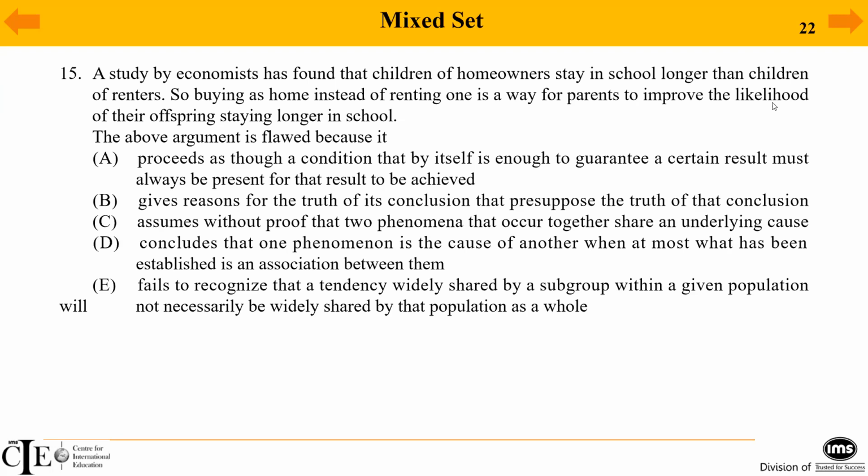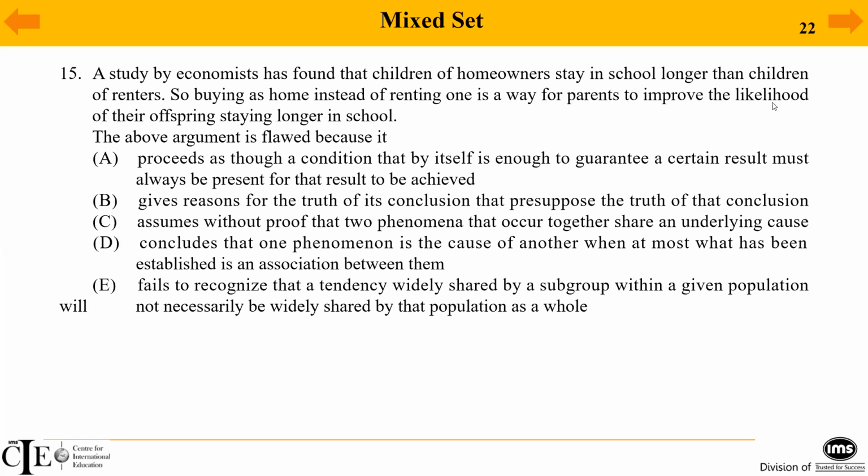This is talking about the subgroups only. It is not taking it to the entire population. So the result is also being given for the subgroups itself, is it not? So homeowners and renters. And the conclusion is also talking about homeowners and renters, not every population. So it is not subgroup versus population. It is subgroup versus subgroup only.